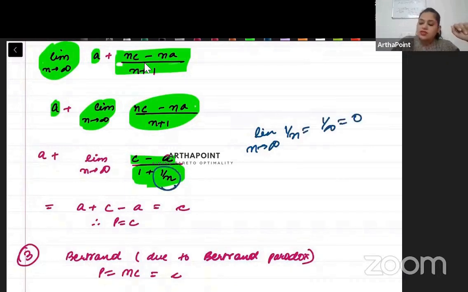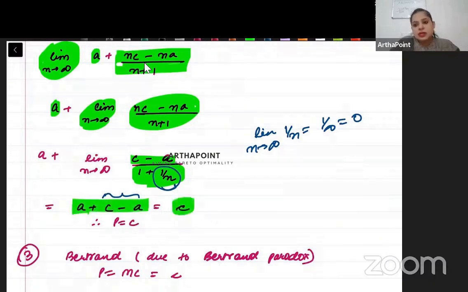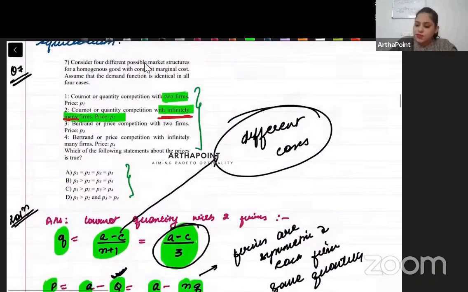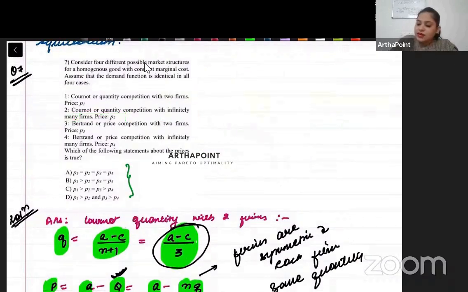So this becomes 0 and I will get C minus A here. So A plus C minus A will simply be C, which means that we have proved that price will be equal to marginal cost. So in the second case, we have proved that price will be equal to marginal cost.